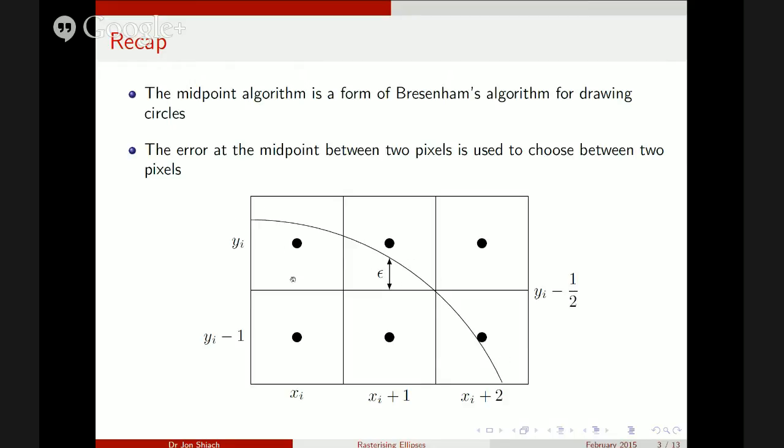If this one's already been illuminated, step along one in the driving axis, which is x, and we calculate the error between the idealized line and the midpoint between these 2 pixels. This midpoint is at y minus a half, hence the name the midpoint algorithm. So we calculate this error. If it's positive, we illuminate 1 pixel. If it's negative, we illuminate the other.